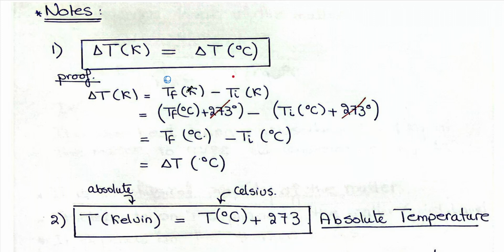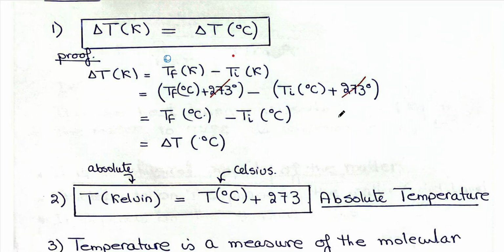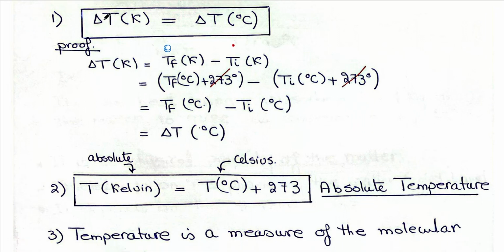Instead of T final in Kelvin, you put T final Celsius plus 273, and T initial is T initial Celsius plus 273. Subtract these together, and the factor 273 will disappear. Now you will have T final Celsius minus T initial Celsius, which is delta T in Celsius. So if you have a difference in temperature in the equation, you can use Kelvin or Celsius.